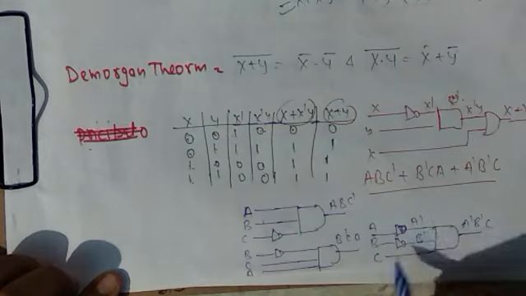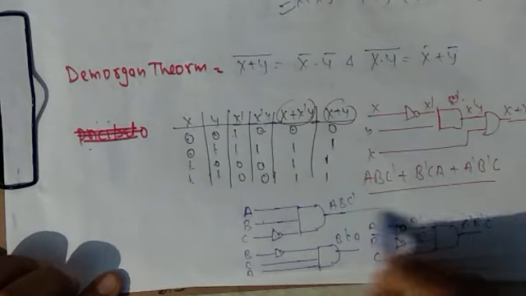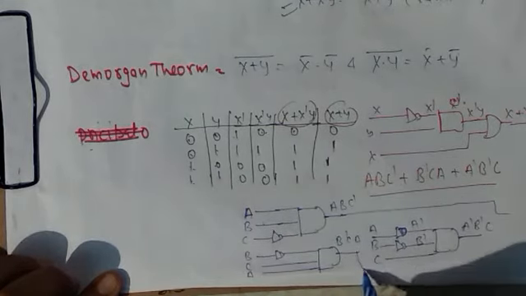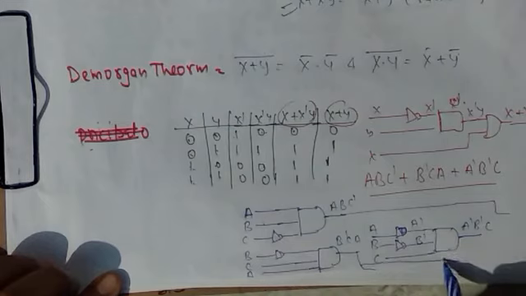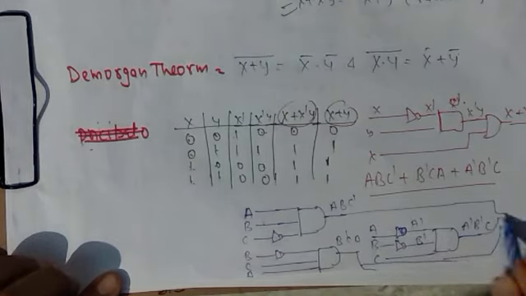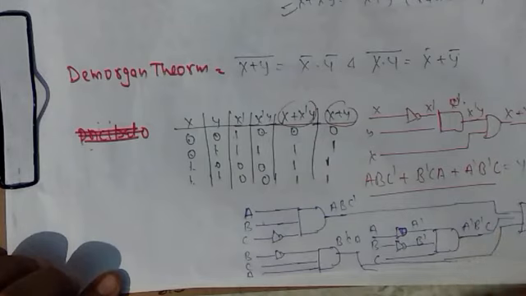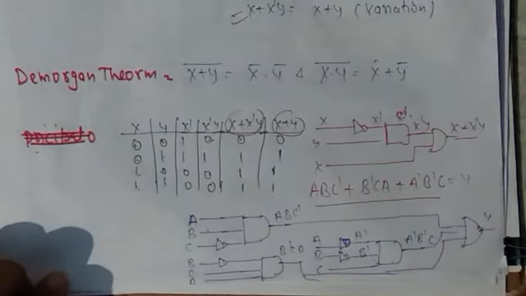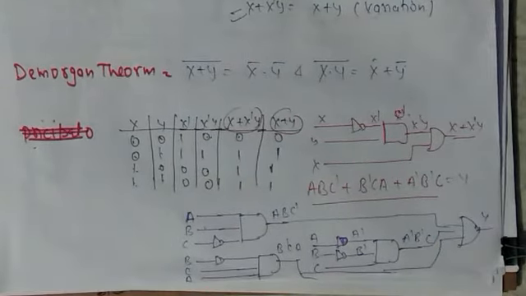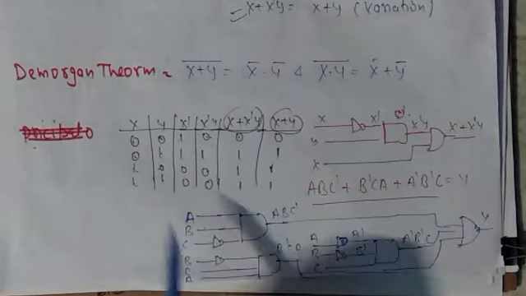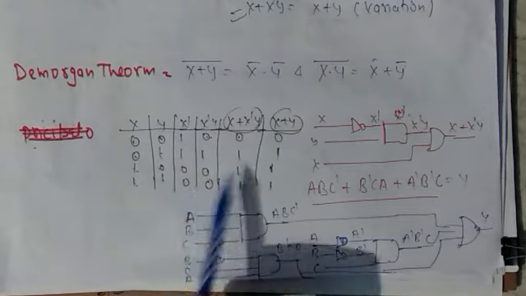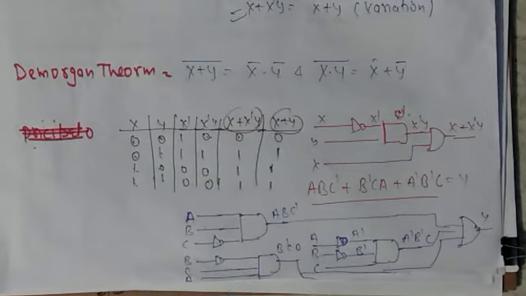For all of these I will do the OR, which gives the resultant y. This is how I can make a logic circuit of any Boolean expression, and how I can prove any Boolean expression with the help of a truth table.